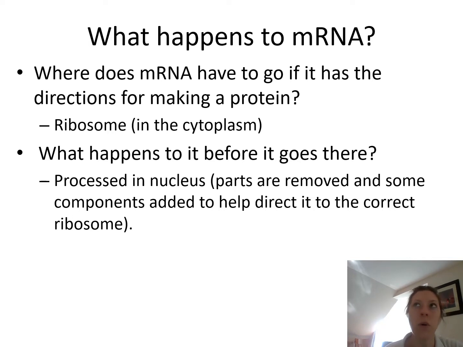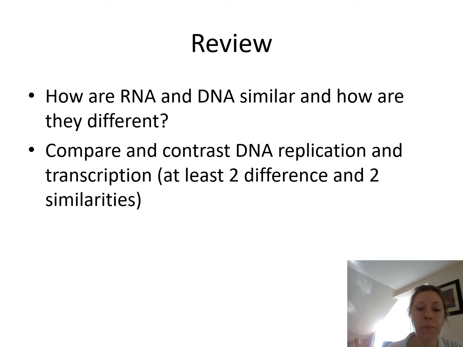If you're like, ooh, I wonder what that is, great idea to join AP Bio because we do jump into that in a lot more depth and you can maybe go deeper on your own. But for now, just knowing that there is some modification that goes on in the nucleus just to make sure that that messenger RNA gets where it needs to go and has the right code is about all you really need to know in terms of what happens after the messenger RNA is made.